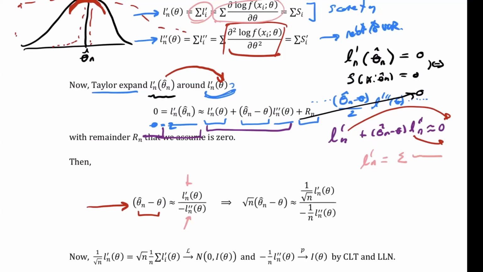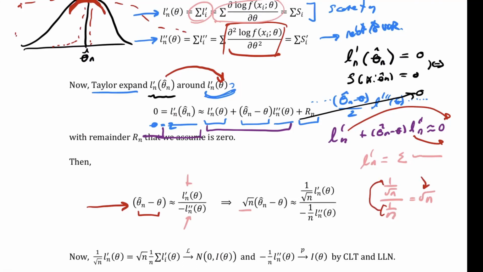So what I'm going to do is multiply both sides of the equation by root n. Really? How do I get that? Well, 1 over root n divided by 1 over n turns out to be root n. See that? That's so cool, because this guy comes up here and that's how you get a root n.